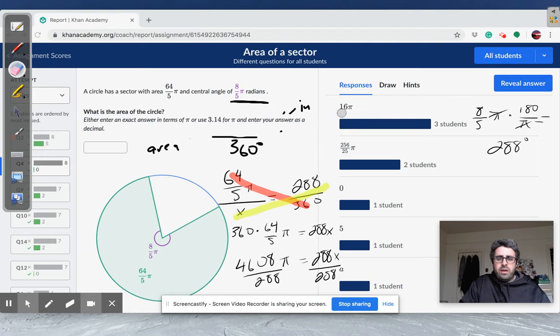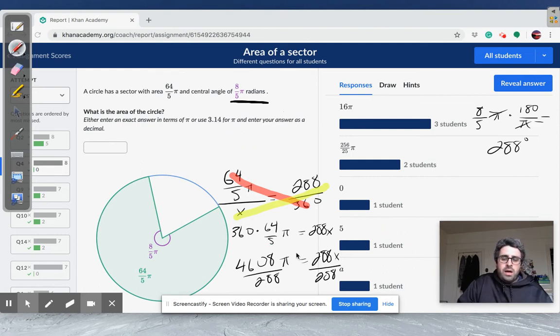So you can enter your answer either way. I'm just going to leave my answer in terms of pi. So 4,608 divided by 288 gives me 16. So I would write my answer as 16 pi.